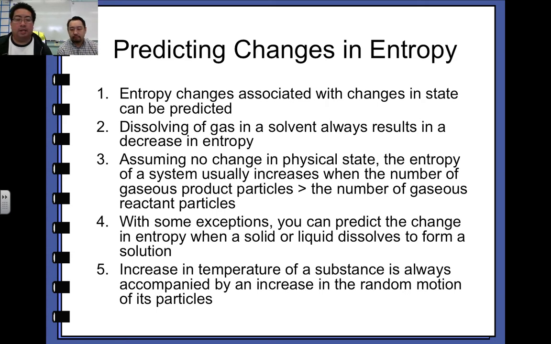And when we're dealing with solutions, we can look at the solid or liquid solute, and we can determine whether or not the entropy increases for that as well. Generally, if a solid or liquid is being dissolved, then it will increase in entropy. And then, like we stated earlier, gas would be the exact opposite. Temperature increases will always result in increases of entropy, because there's more particles moving about.